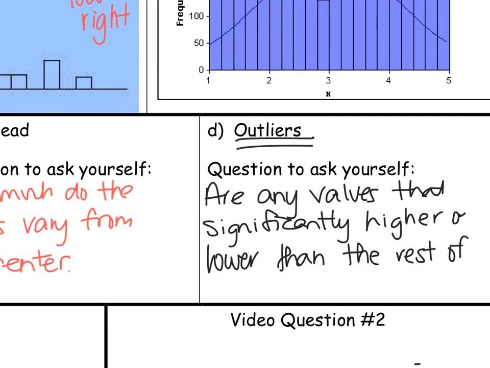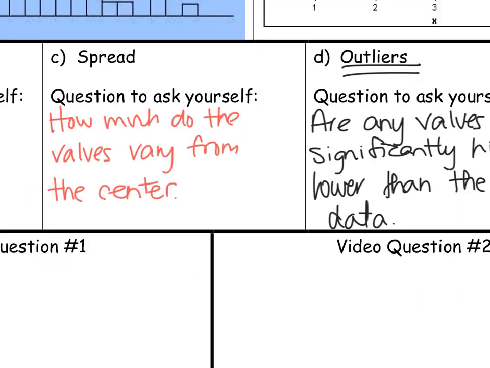So for example, if we are looking at the heights of kindergartners, and most kindergartners are probably about 3.5 feet tall, and then we might have a kindergartner that might be really, really tall, it might be 4.5 feet tall. That kindergartner would be considered an outlier.